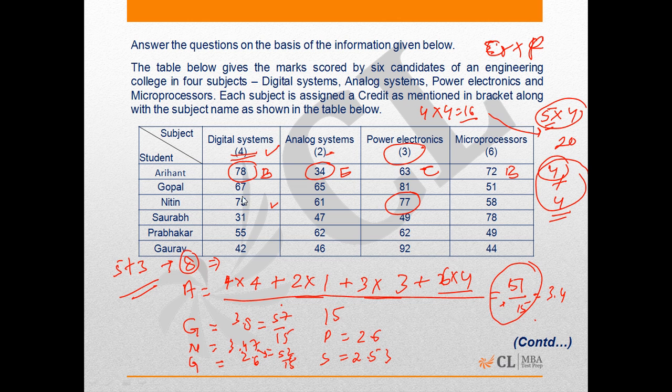Let's check the case of Arihant. Arihant needs 2 marks in order to increase his value of credit into point by 4, and if he manages two more marks in power electronics, his value, which at present is 3 into 3, that is 9, will become 3 into 4, that is 12.